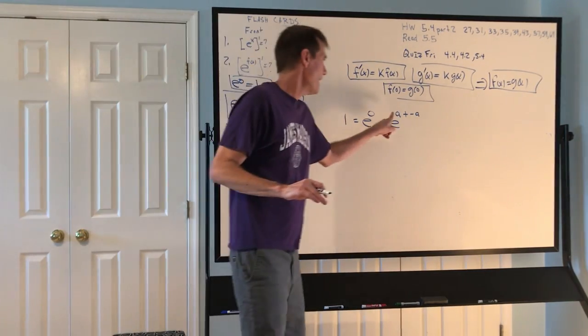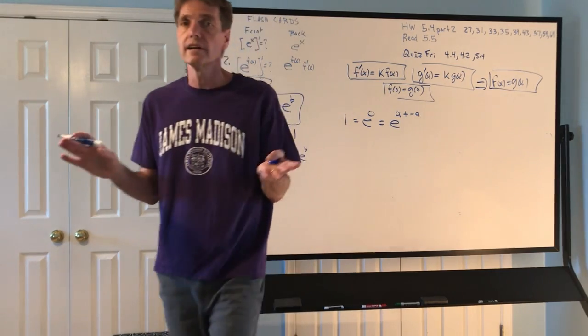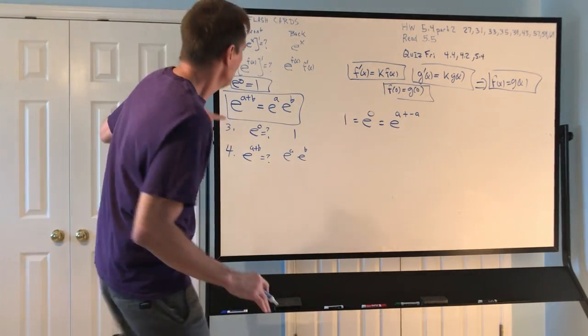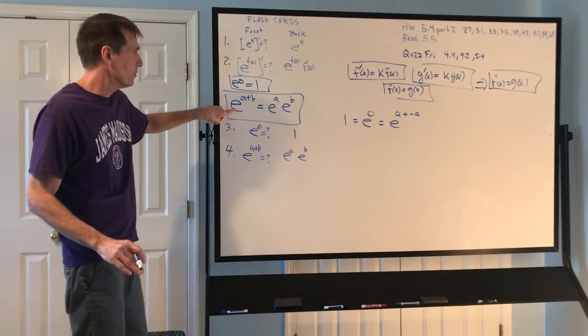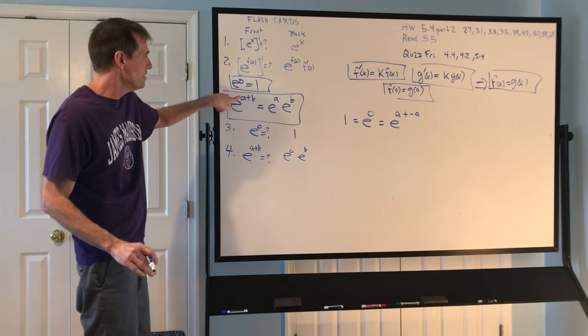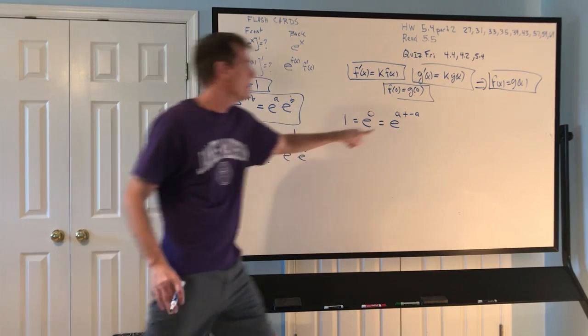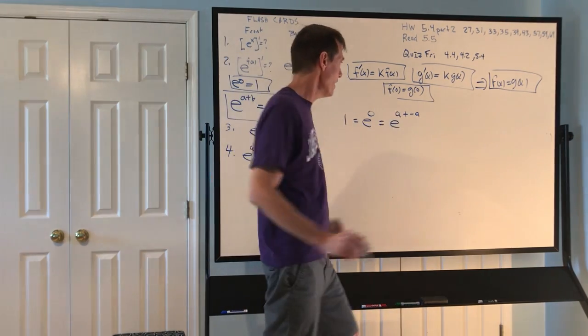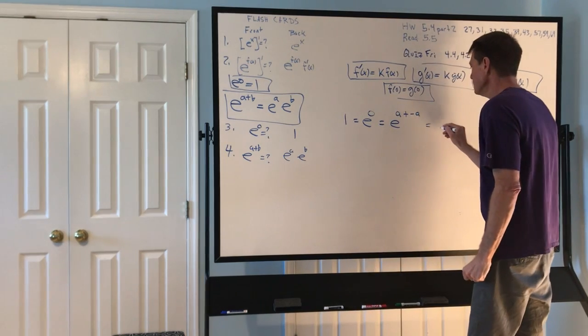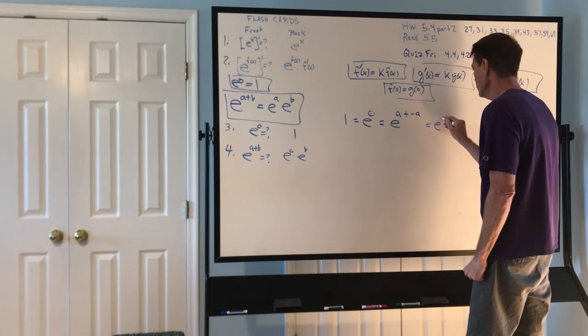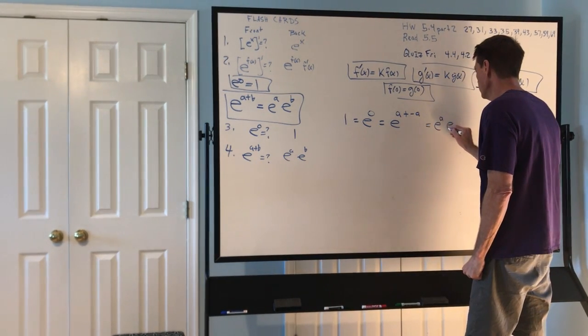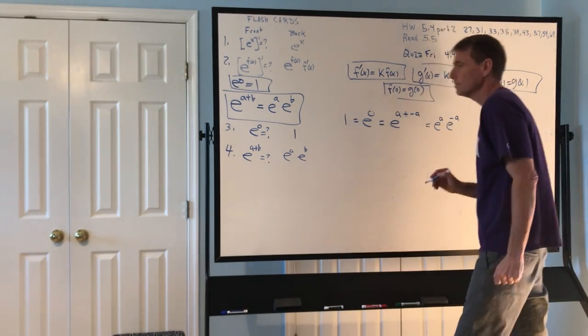Okay? a's got an additive inverse. a plus negative a is 0. But then using this property that we just derived, we've got e to the a plus b. My b is now negative a. Then this is equal to e to the a times e to the minus a.